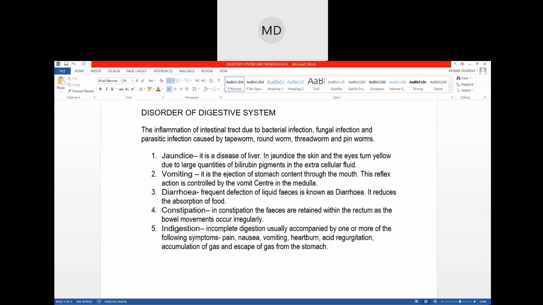Okay, and then sometimes bacterial infection might occur, fungal infections might occur, parasitic infection might occur. Bacterial infections, suppose you're eating food that is not well cooked. Also, when you're taking eggs without washing them well, and you put the raw egg on the rice and allow it to boil, the rice will boil, and along with it the egg will also boil.